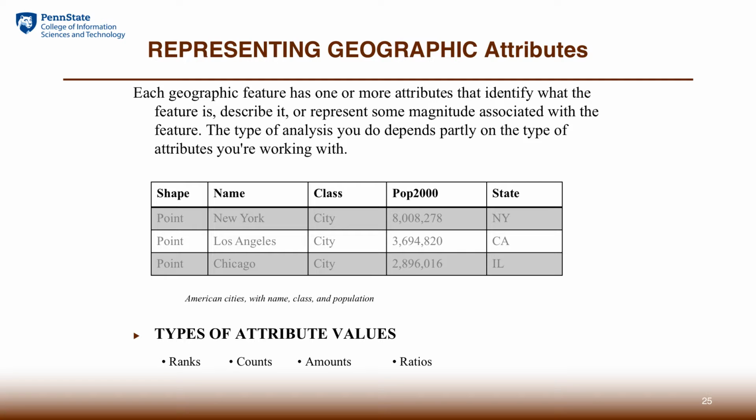This kind of attributes we call non-spatial attributes, and they are described in a tabular form, and they are linked to the geographical description through a unique ID. By doing this, we can link spatial and non-spatial data through a common ID.